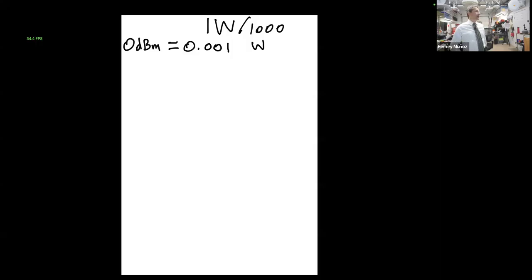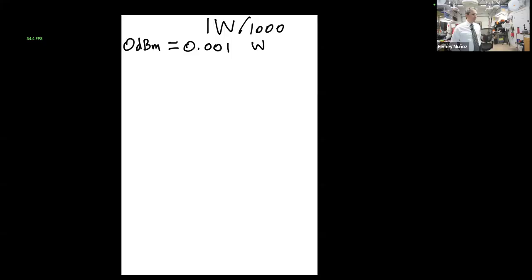A 3 dBi gain antenna, a 6 dBi gain antenna, a 13 dBi gain antenna. Power. We use 0 dBm to mean 1,000th of a watt. Right here. Right there is where we start.